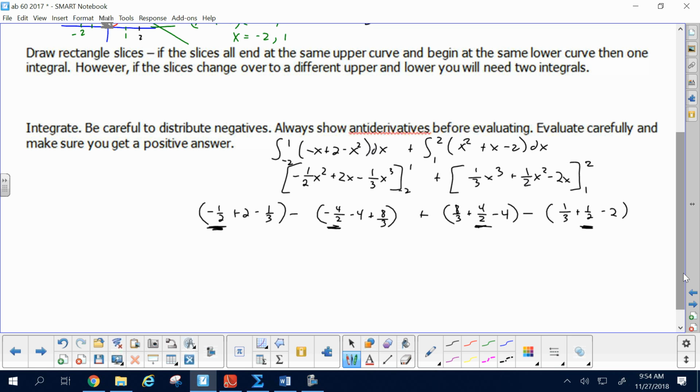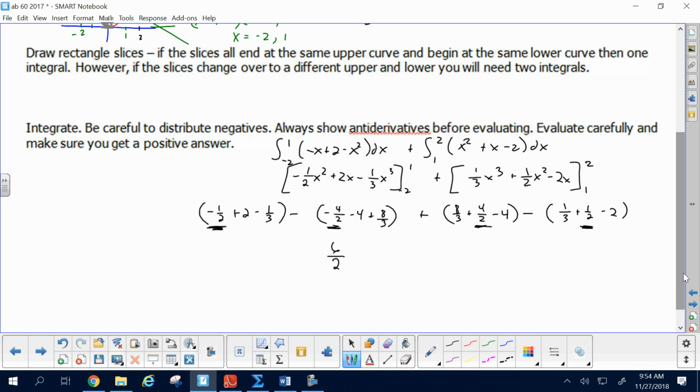Combine all half terms. That way I make the least mistakes. So I have -1/2 plus 4/2, that's 3/2, plus 4/2, that's 7/2, minus 1/2. Altogether, I get 6/2 from the halves.